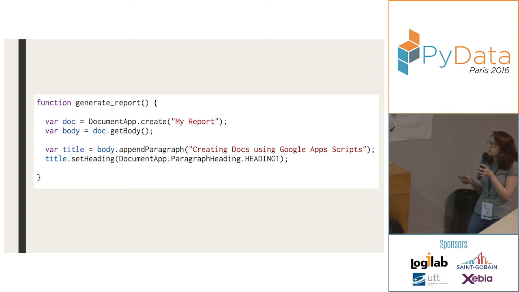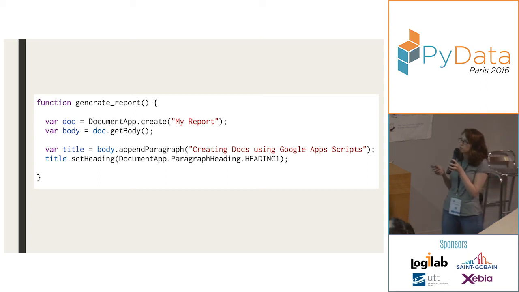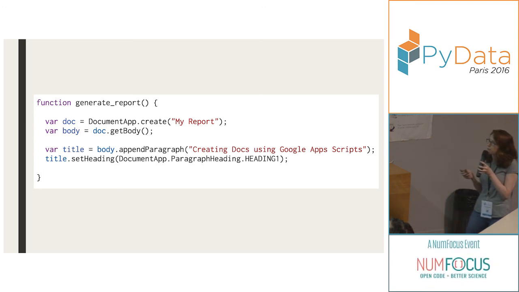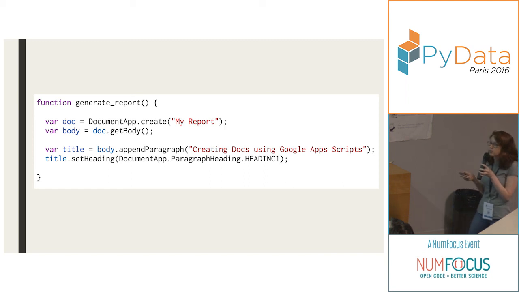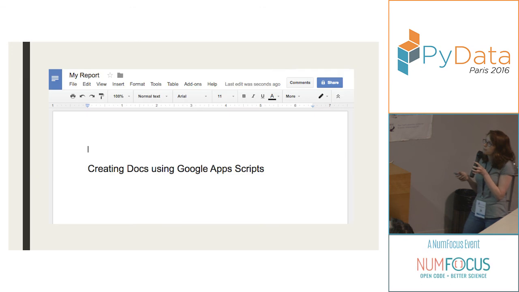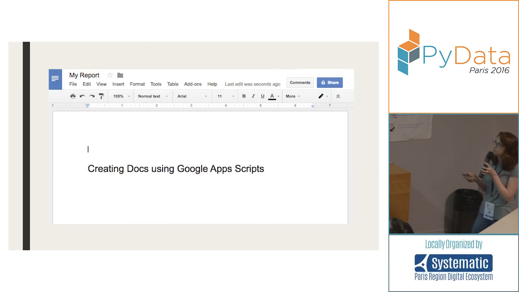Then the main element within this document is going to be the body element, and I can call doc.getBody to create an element for this variable. And this code is pretty simple. All I'm going to do is append a paragraph to the document and change the text to type heading. And we get something that looks like this.